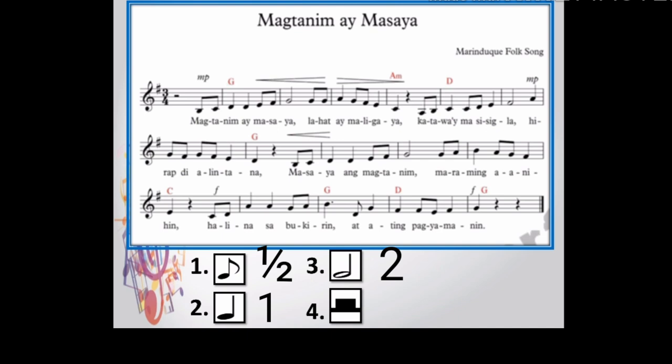Half rest receives 2 beats of silence. What else? We also have quarter rest. Quarter rest receives 1 beat of silence.